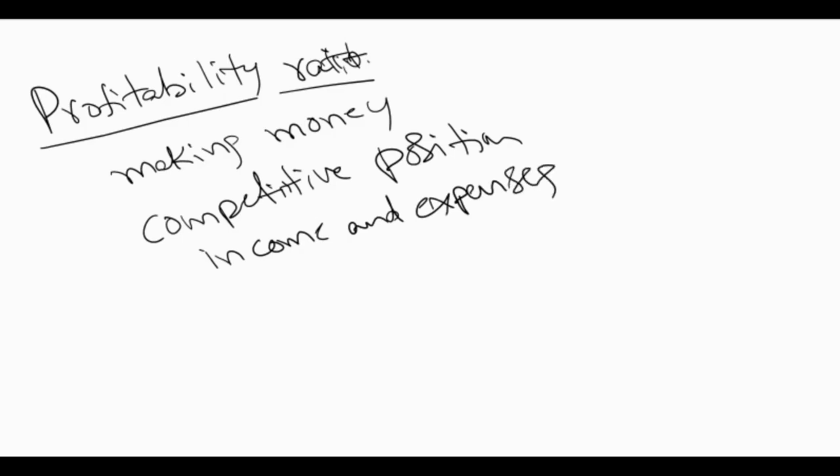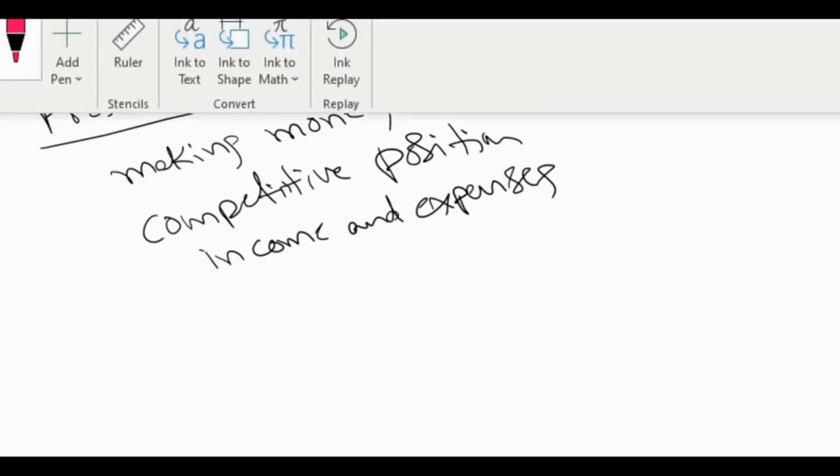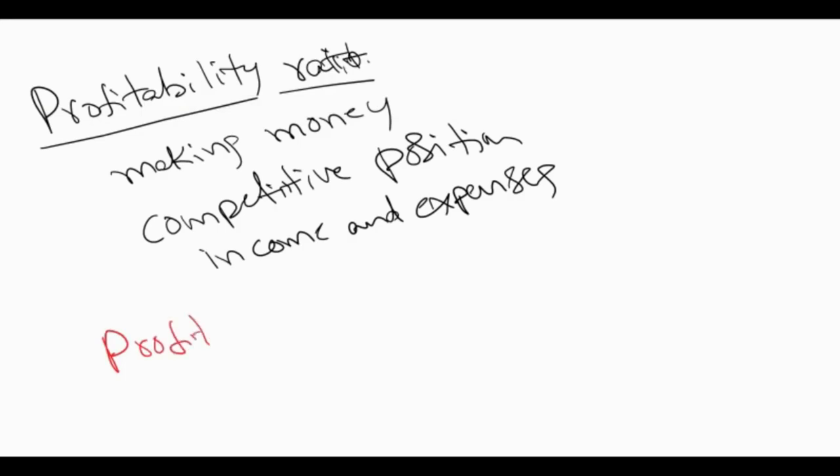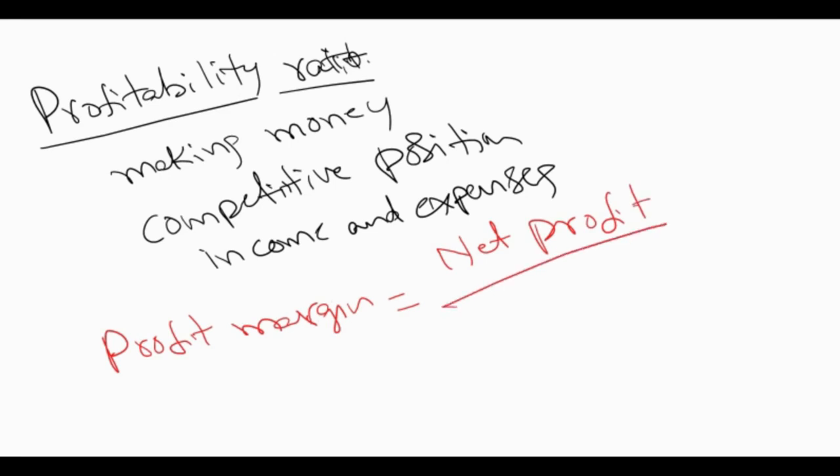So let's look at the formula. What is the formula for profit margin? Profit margin equal to net profit divided by sales revenue, right? So net profit margin equals net profit divided by sales revenue.